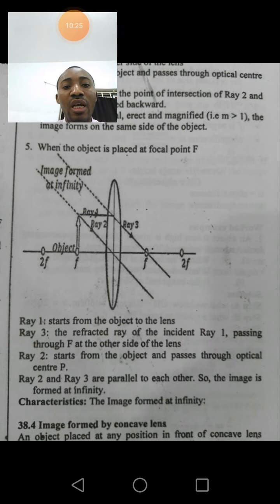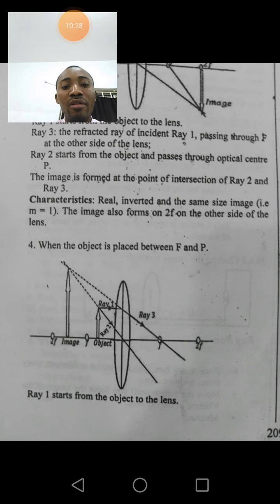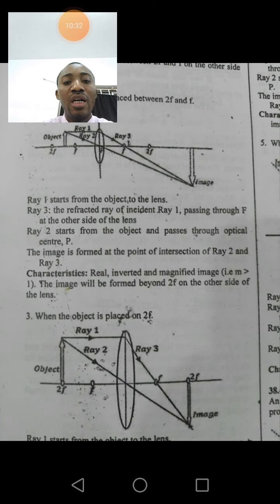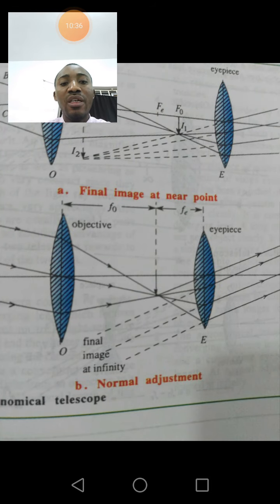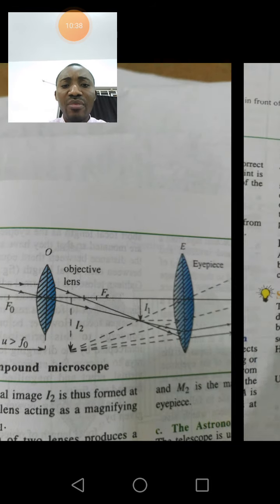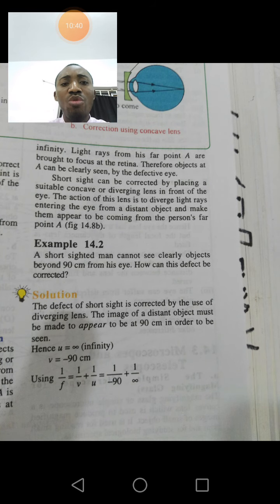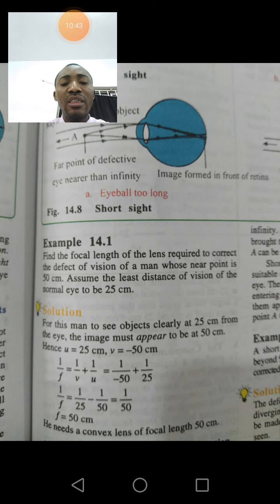So those are the ways we form images of different objects placed in front of either a concave lens or a convex lens. Now, there are quite a number of ways we apply this convex lens.